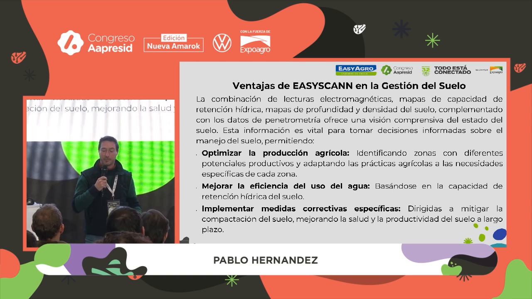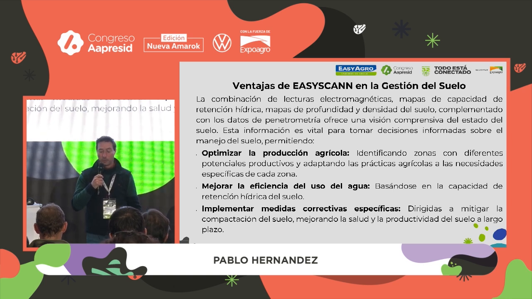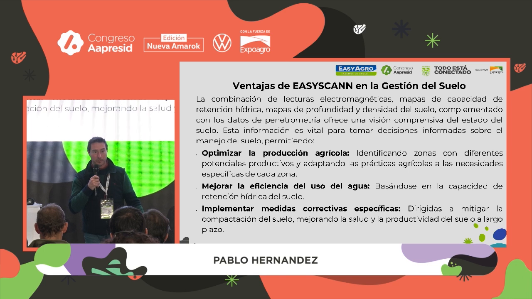This allows the optimization of agricultural production by identifying areas with different productive potentials and adapting the practices to the specific needs of each area, improving the efficiency of the use of water based on the capacity for water retention in the soil, and to implement corrective steps to mitigate the compacting of the soil, improving the health and productivity of the soil long term.